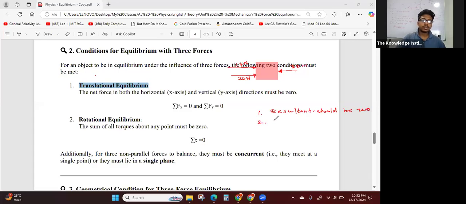And the second one: the torque should be zero. And the third: the lines of action of the three forces go through a common point.